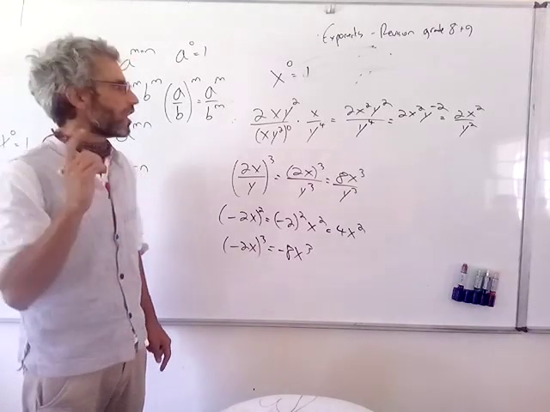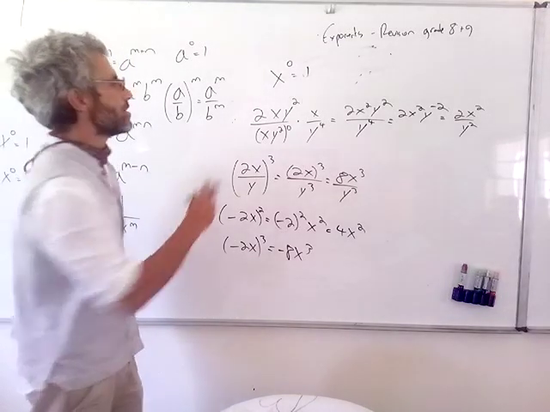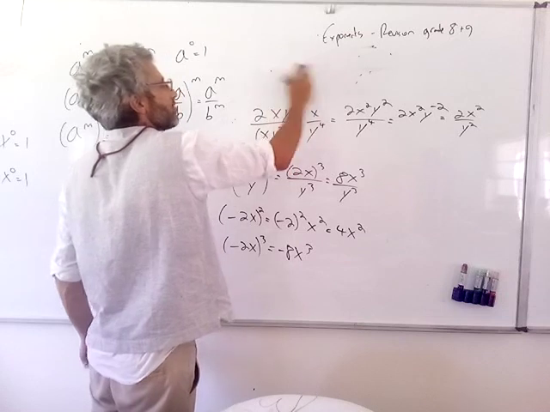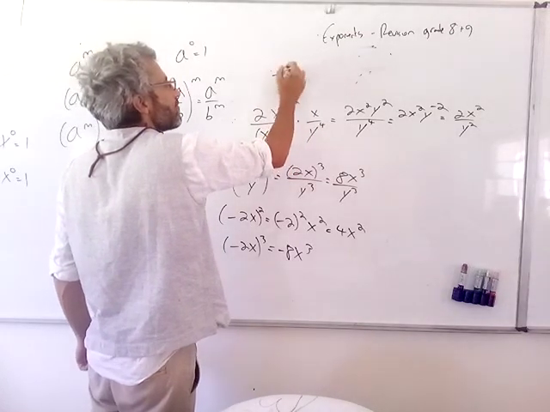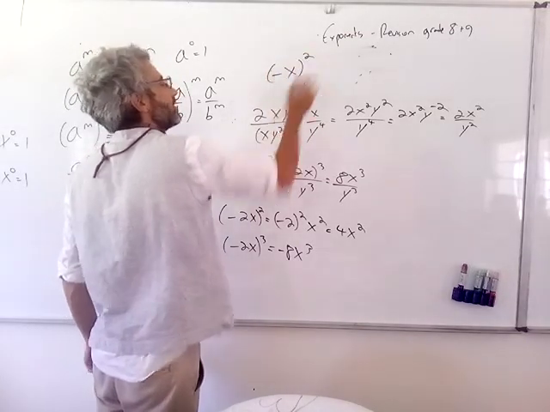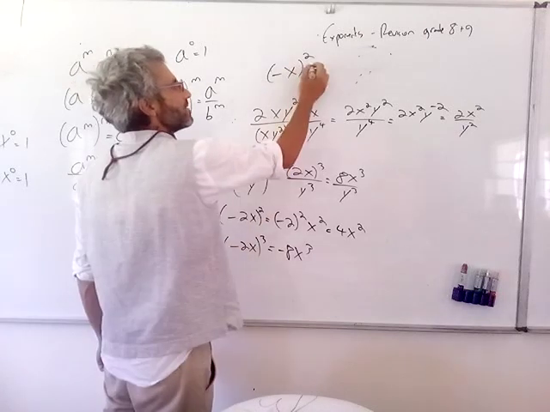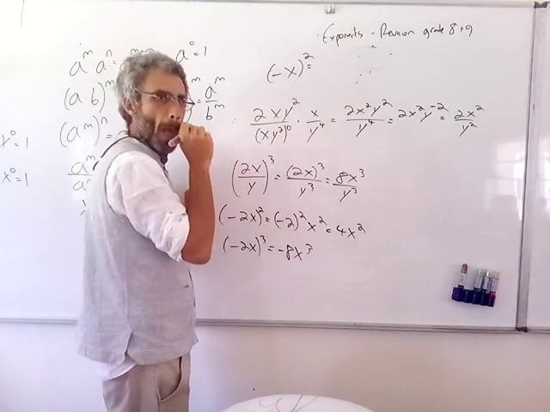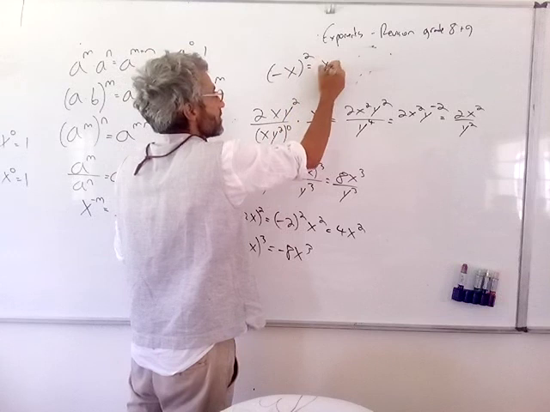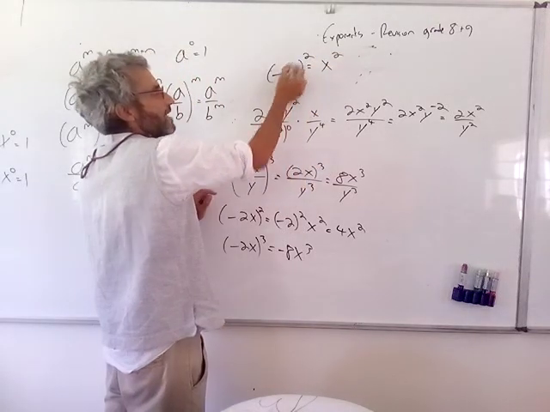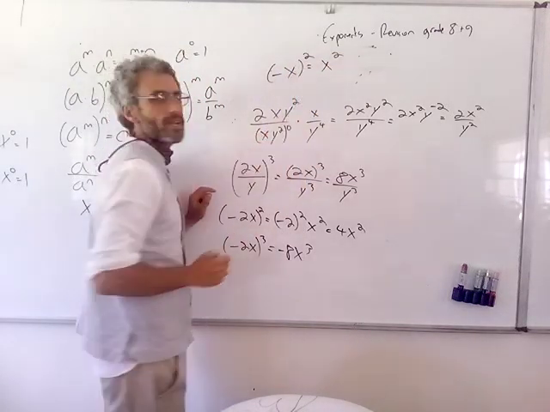The last thing that I want to show you here, hopefully not going to confuse it too much: if I have minus x all squared, with the brackets, how much is that? It's just x squared, because it's minus 1 squared, which is 1, times x squared.